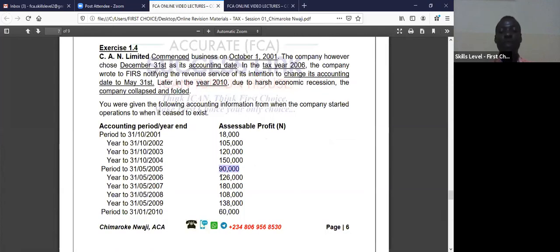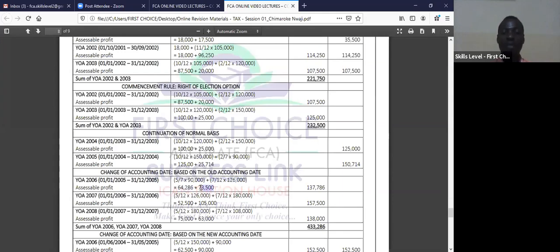So 7 over 12 of this figure is what we are going to do. 7 over 12 of that figure gives me 73,500. So when you add these two together, you see I'm putting it here because I'm going to do comparison. 137,786. So this is my first relevant year of change.